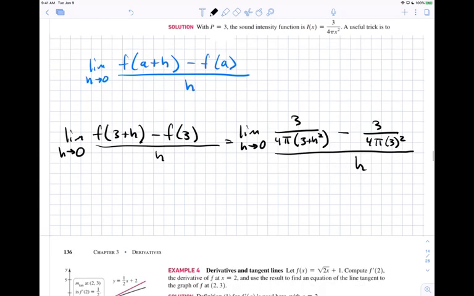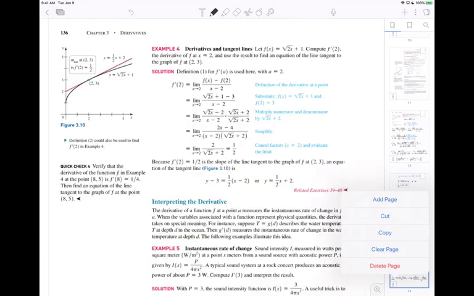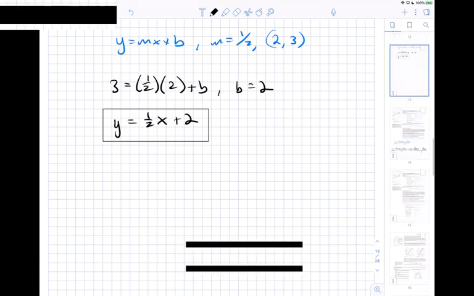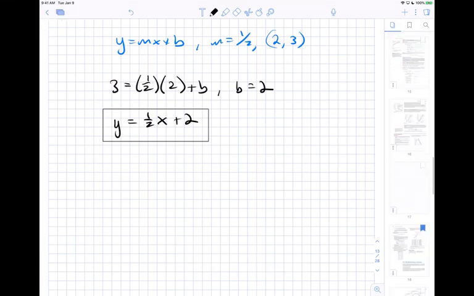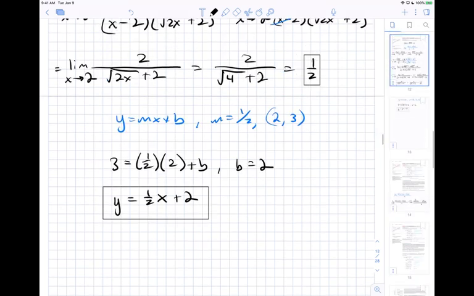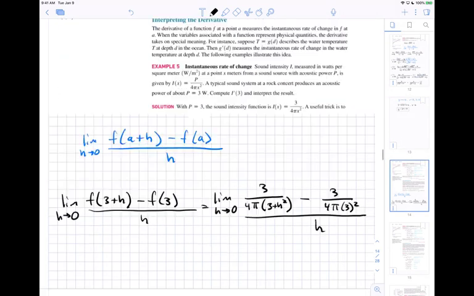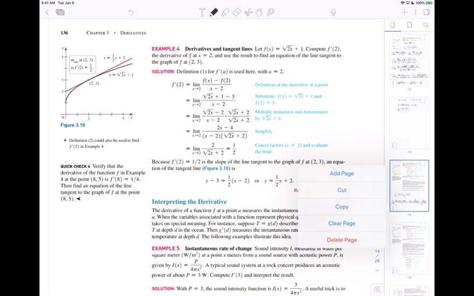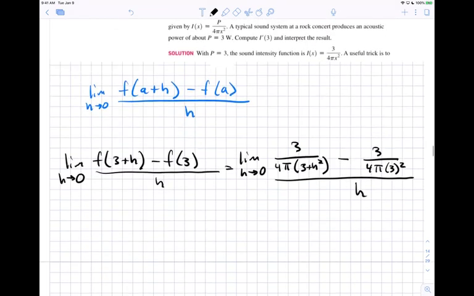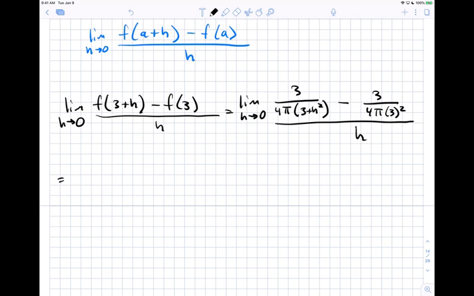Let me add a page. Where am I working? Here? No. Yeah, this one, right? Oh, there it is. Let's add a page. Okay, so then this is going to be the limit as h tends to 0. We're going to factor out that 3 over 4 pi. So we're going to have 3 over 4 pi, and what's left, we're going to have this 3 plus h, and this thing needs to be here.